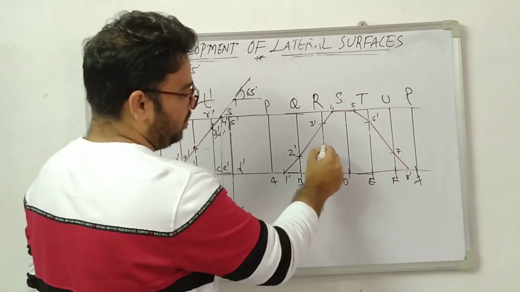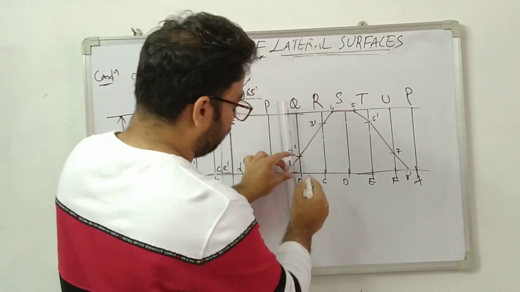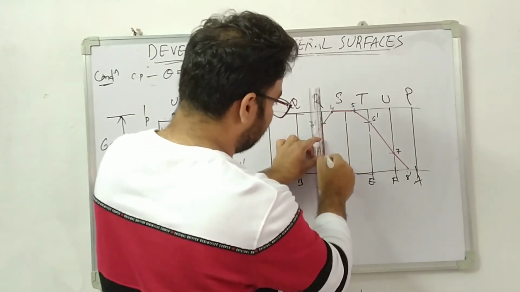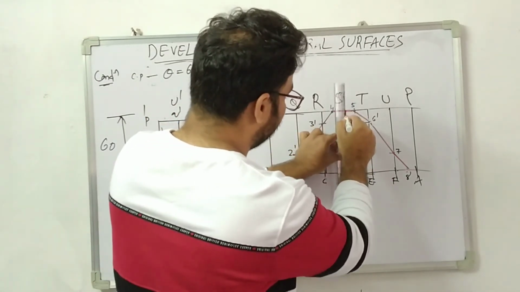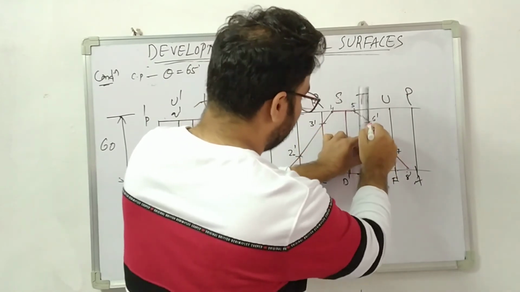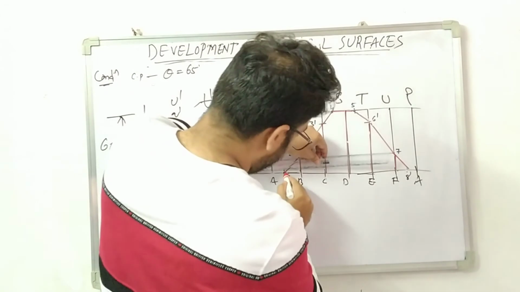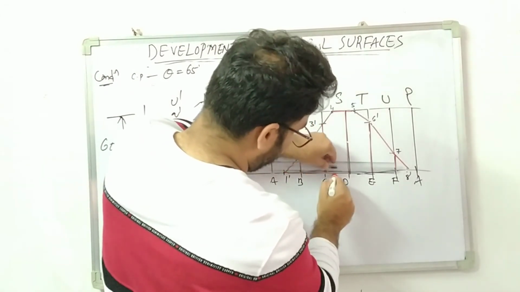Along with this, these longer edges are also visible. Whatever thin sheet material is there, this sheet is also available, so you have to highlight it. And this is the base. The total base is visible.